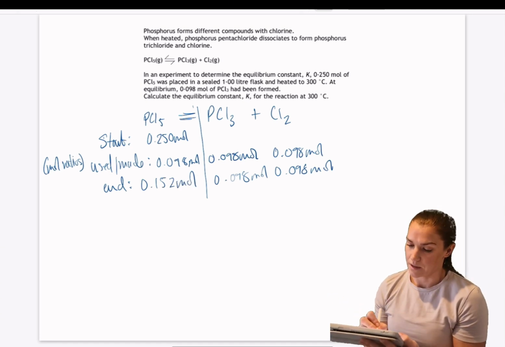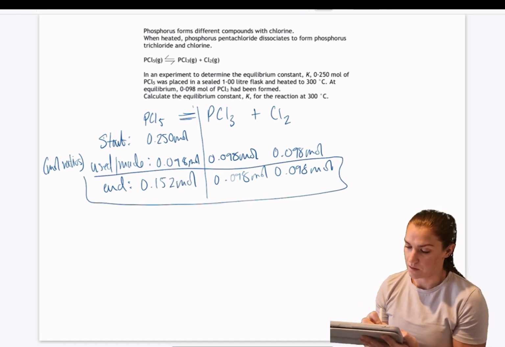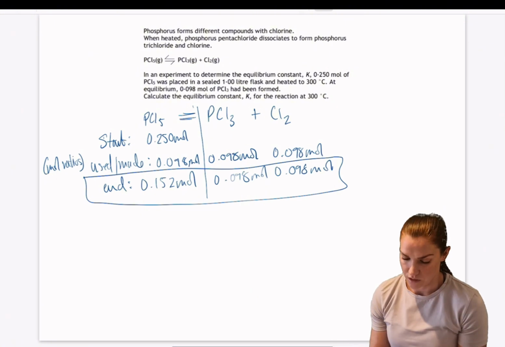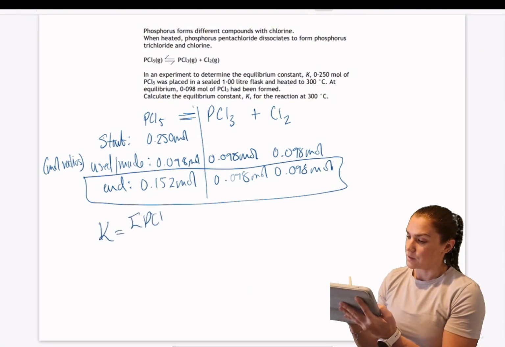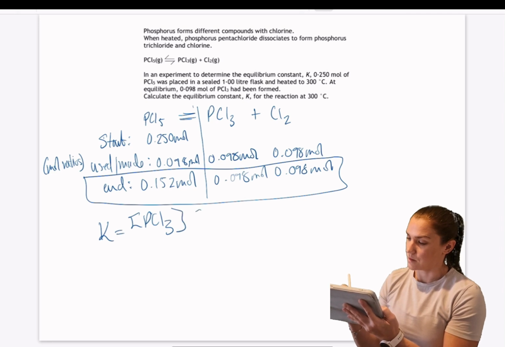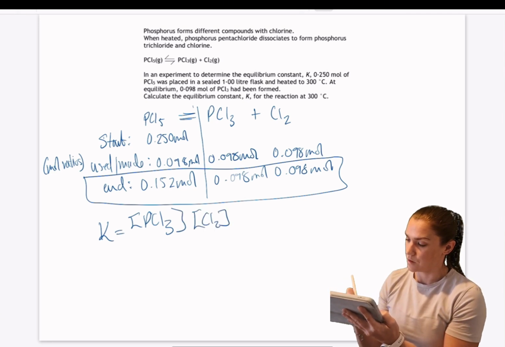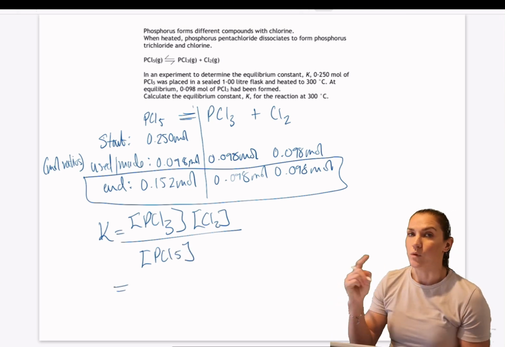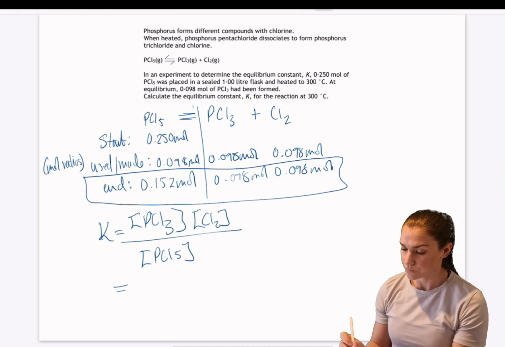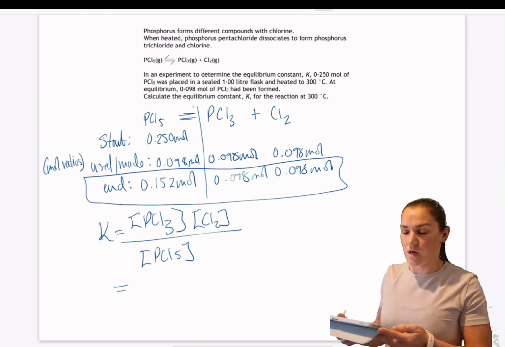Now we've got all the numbers at the end, we can set up our equilibrium expression. So K equals the concentration of PCl3 times the concentration of Cl2 all over the concentration of PCl5. And there's only 1 mole of each one, so there's no powers that we need to place. They're all to the power of 1.